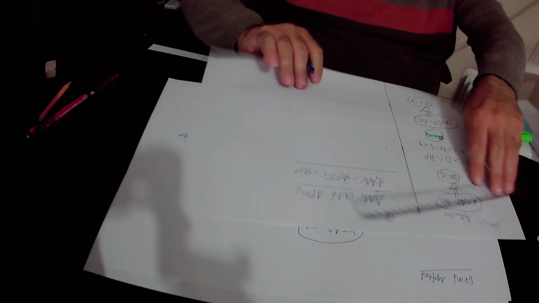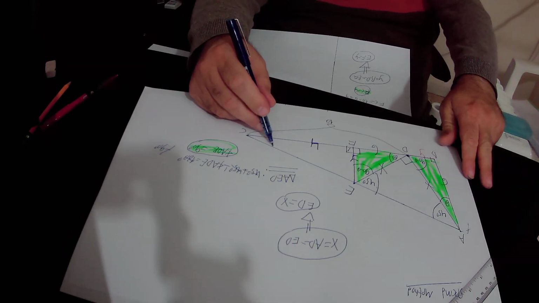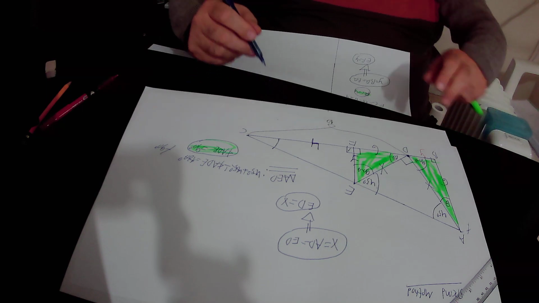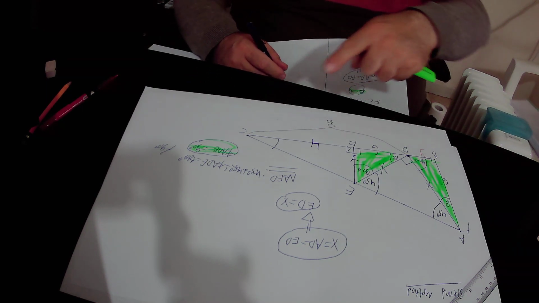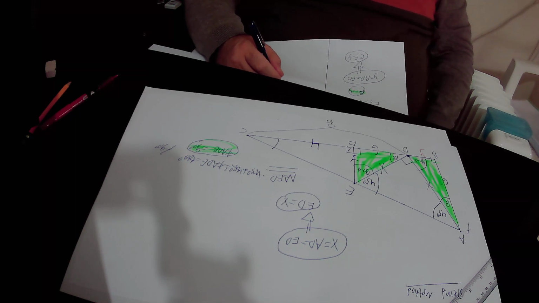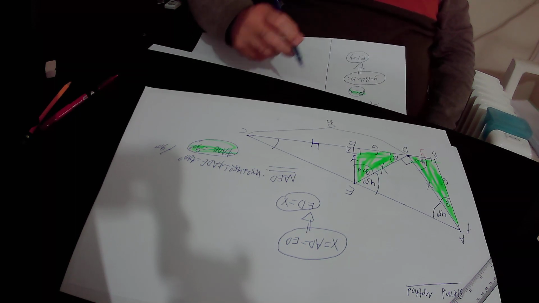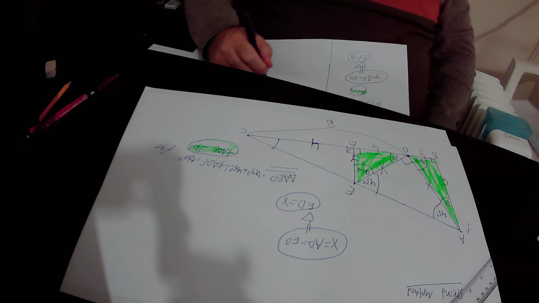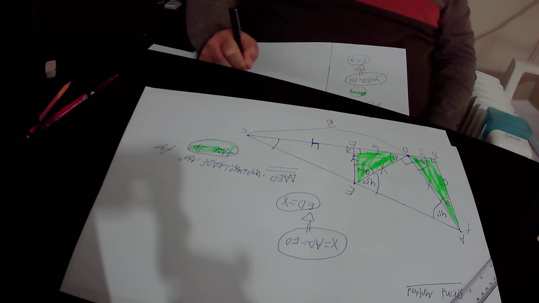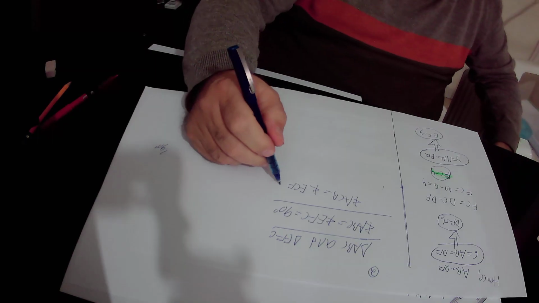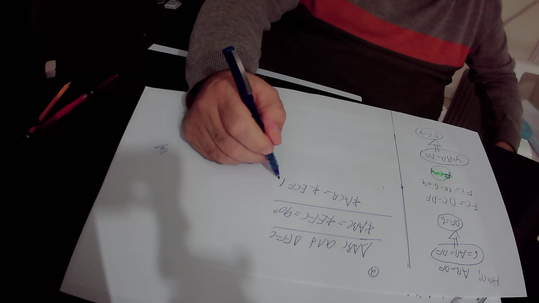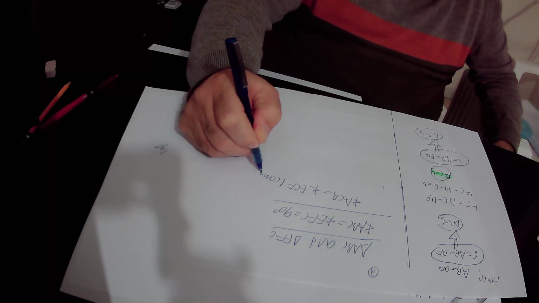We also know that this angle is a common angle, it belongs to both triangles, so we can write down that angle ACB is equal to angle ECF, because it is a common angle.